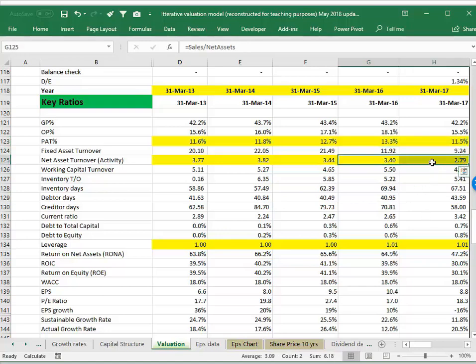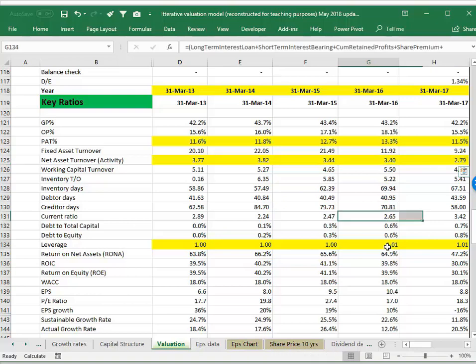And that decline in activity is mostly because the sales went down, only marginally, but however they went down in proportion to the net assets. So therefore we had a decline in activity and no change in the leverage. That's effectively 1. In other words, Mr. Price has no debt. So that's the reason for the decline in performance in 2017 for Mr. Price.